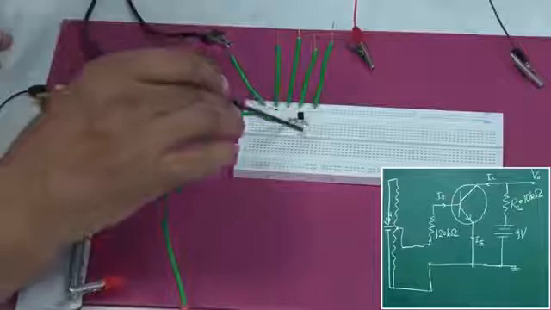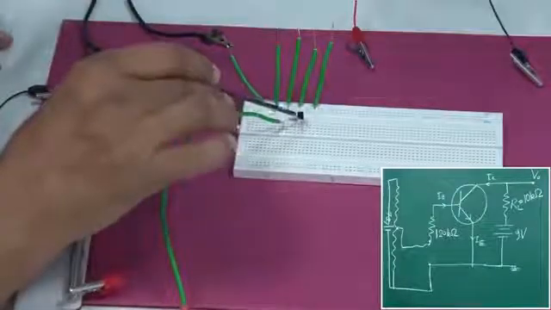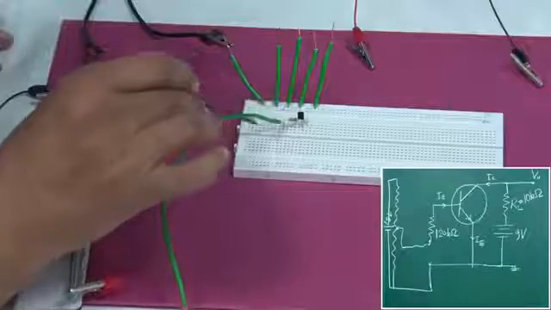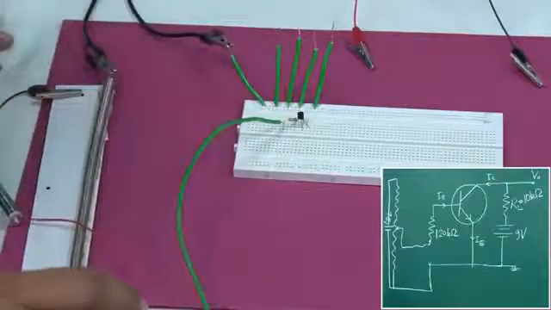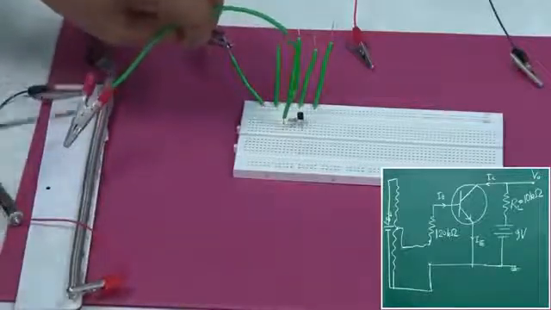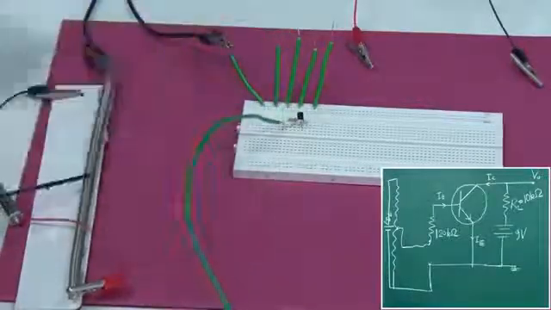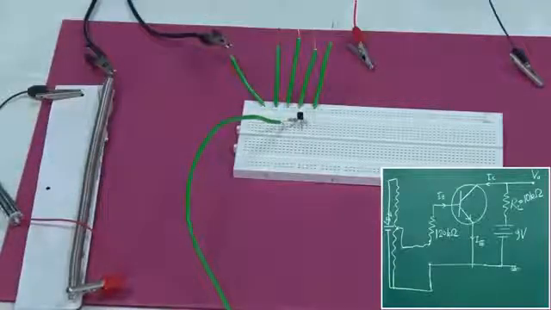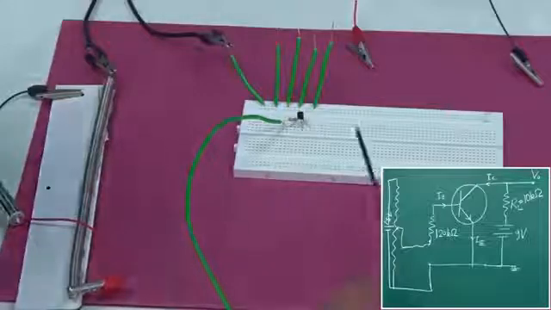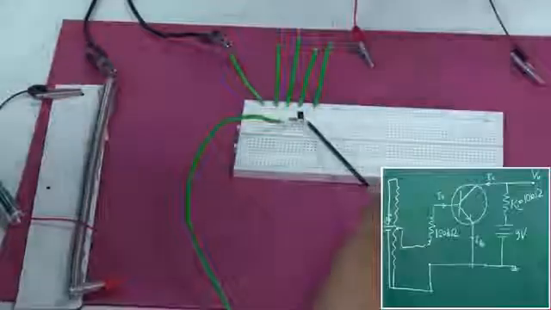I have the base. From the base, I have added 120 kilo ohm of resistance. From there, I have added this variable point, which I will be connecting somewhere, and this will be our input voltage. Okay. Now, the emitter has to be connected to the ground. Where is the emitter? This one is the emitter.